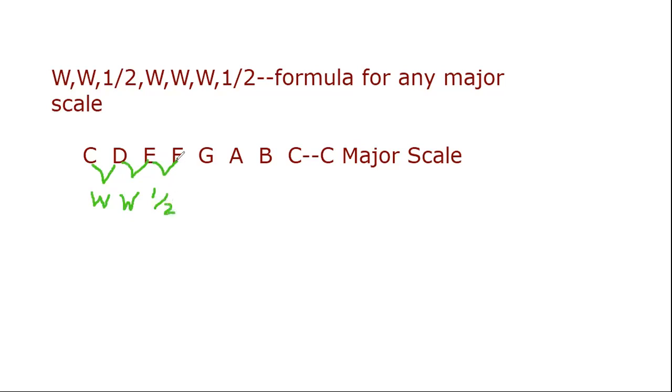Between F and G, we have a whole step. Between G and A, we have a whole step. Between A and B is a whole step. My drawing's getting worse. And from B to C, we have a half step. Trust me, that's a half.